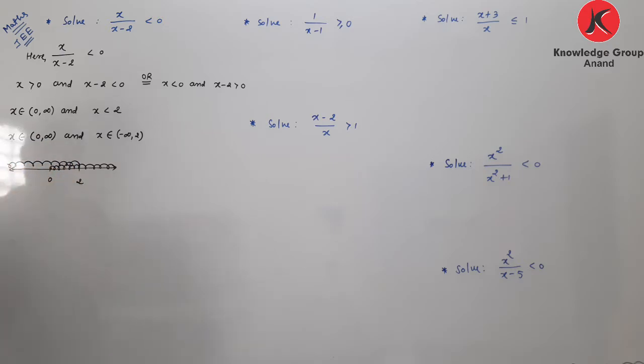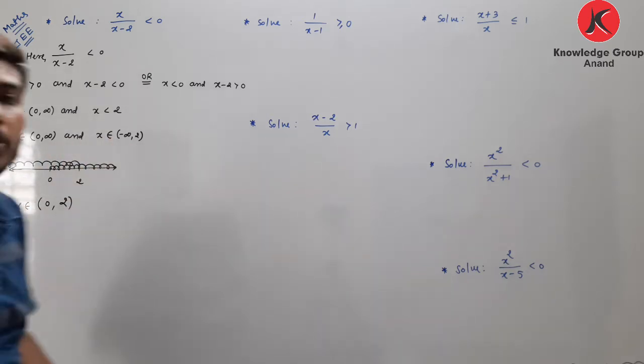The numbers which are common, that is the intersection between them, are x belongs to 0 to 2. Here 0 is not included in both cases and 2 is also not included in both. Therefore, we can take it as an open interval.